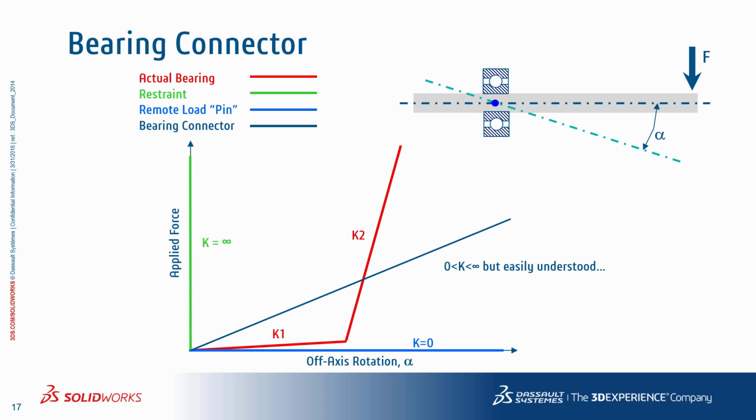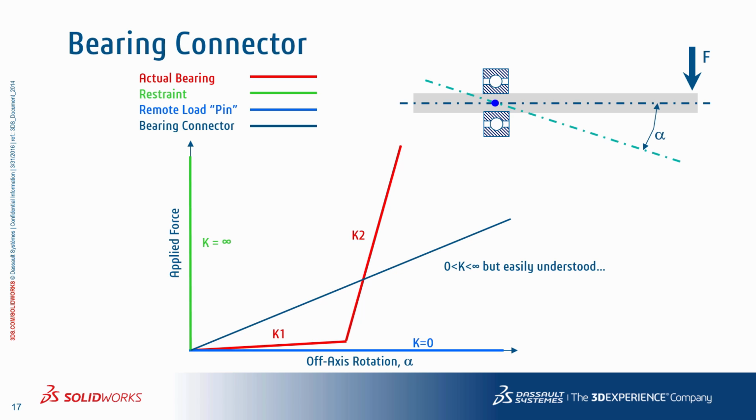Now, two other options are available prior to using the bearing connector. One is to fix the entire area that interacts with the bearing race, shown by the green K line, which equals an infinite stiffness value. And this method is non-conservative as it stiffens the shaft unnaturally, and the stresses downstream will report a lower value than they should.